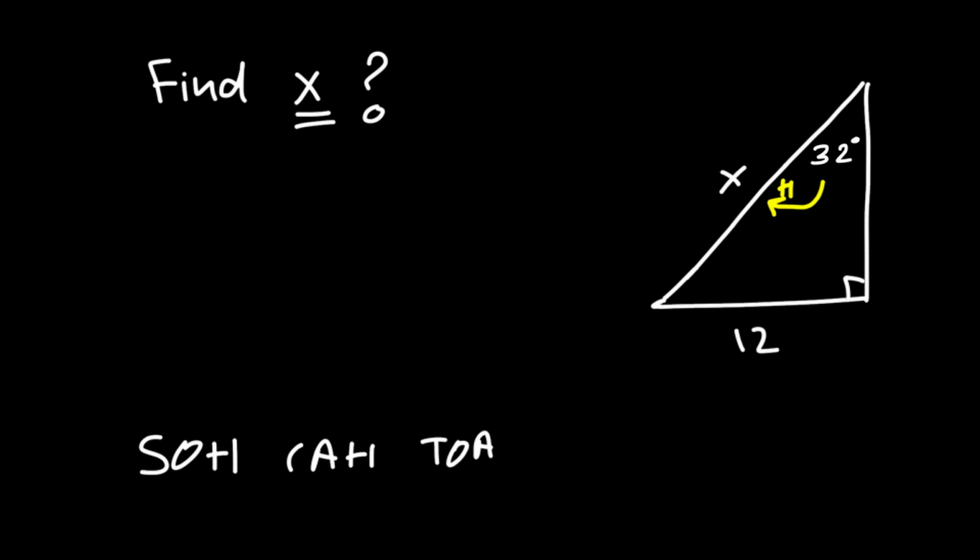And we have been given also the side which is opposite to the angle 32. So I will just make an arrow here and write O. So now, which one of these three terms has the two letters O and H? You will notice the first one is having O and H. The other two are out.